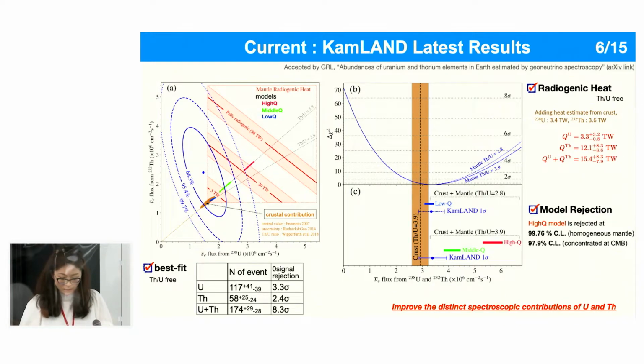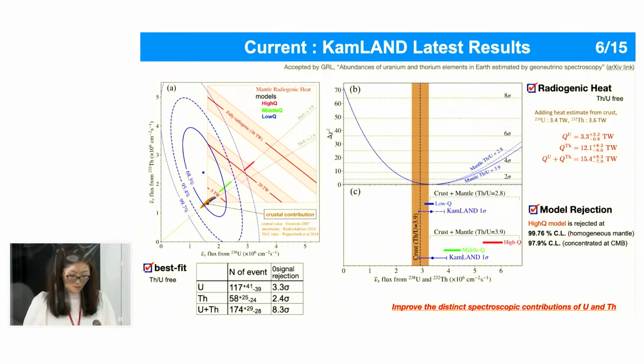The data show that the total radiogenic heat from uranium and thorium is 15.4 plus minus 8 terawatt.